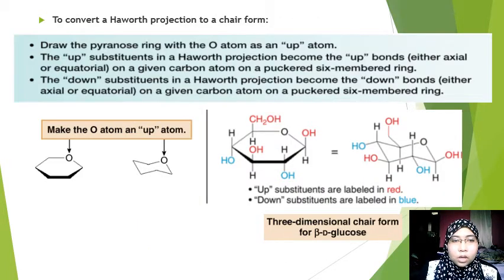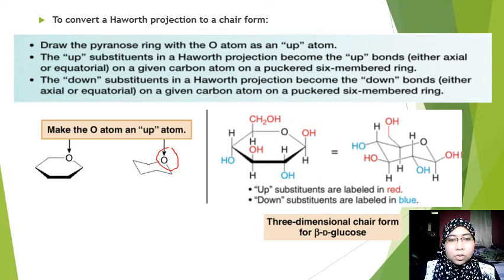To convert a Haworth projection to a chair form, we have 3 steps to follow. First, draw the pyranose ring with the O atom as an up atom.